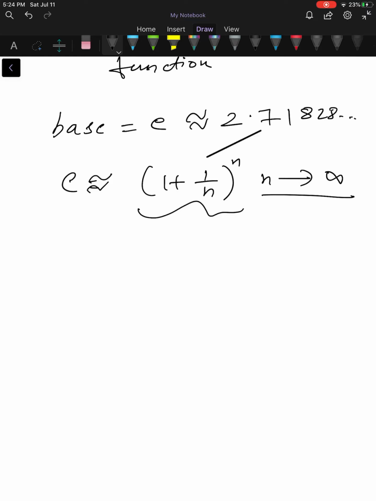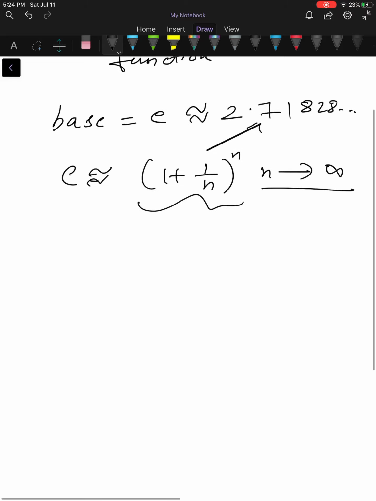As n increases, the value gets closer to the value that I have written here. It is a never ending decimal tail as it is an irrational number, and we can never write it as an exact value.